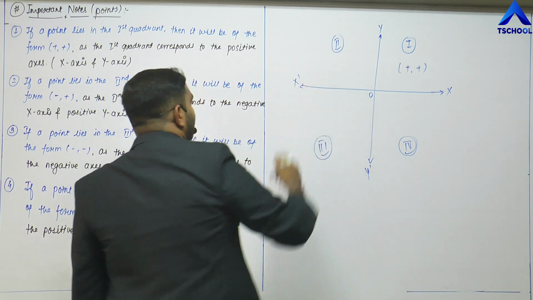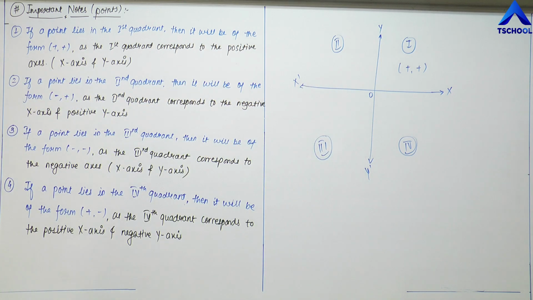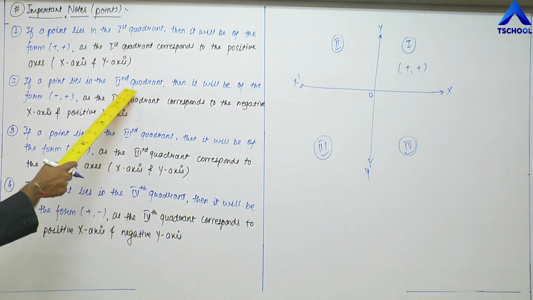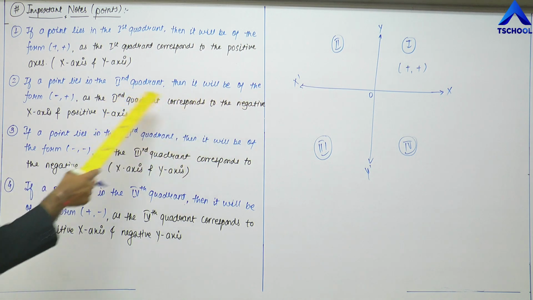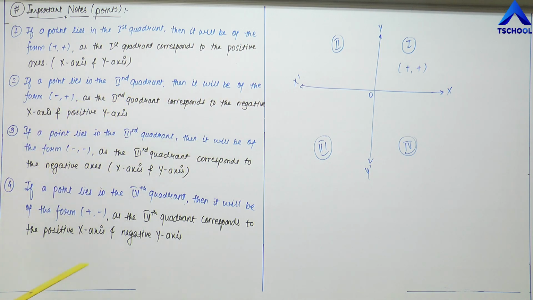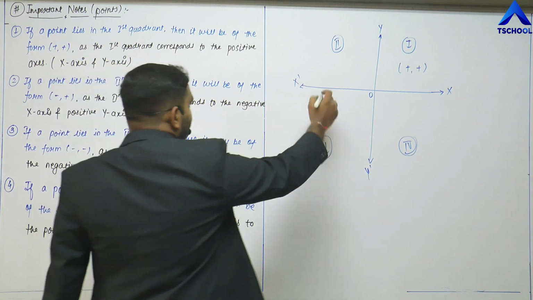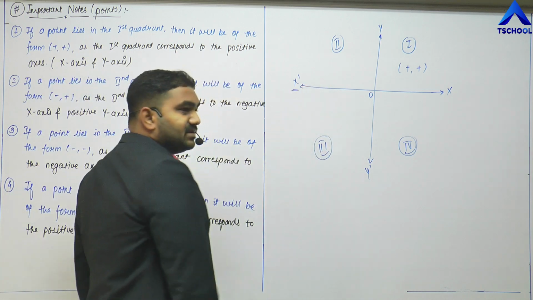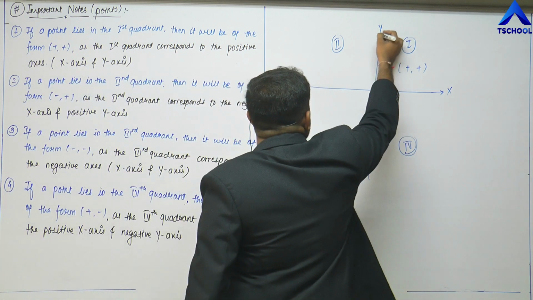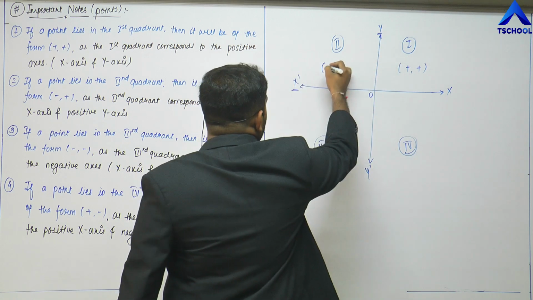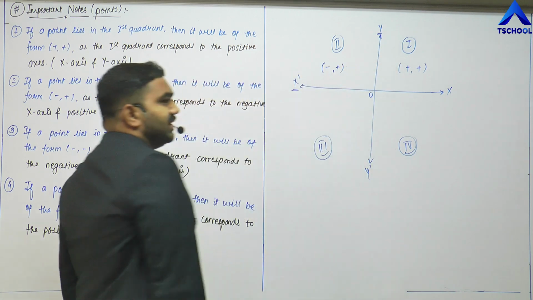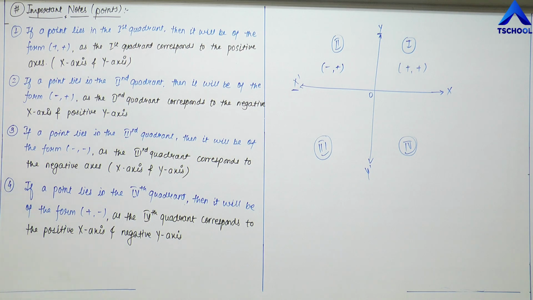Similarly, second quadrant, friends, if a point is lying in the second quadrant, then it will be of the form minus plus. Now as you see, here the x-axis is negative but the y-axis is positive, so the x coordinate will be minus and the y coordinate will be plus.